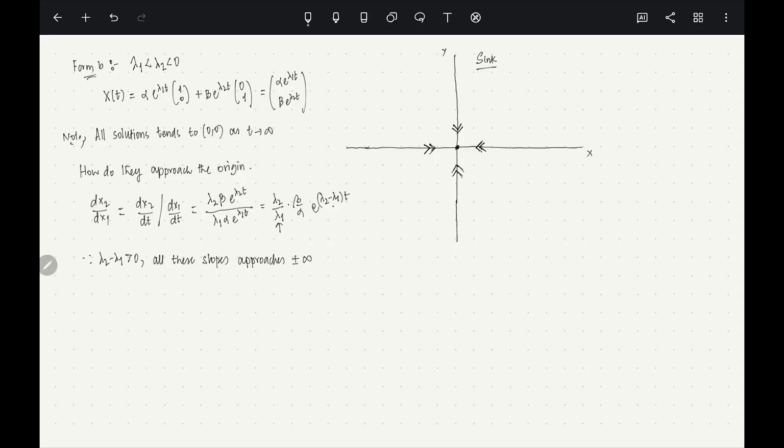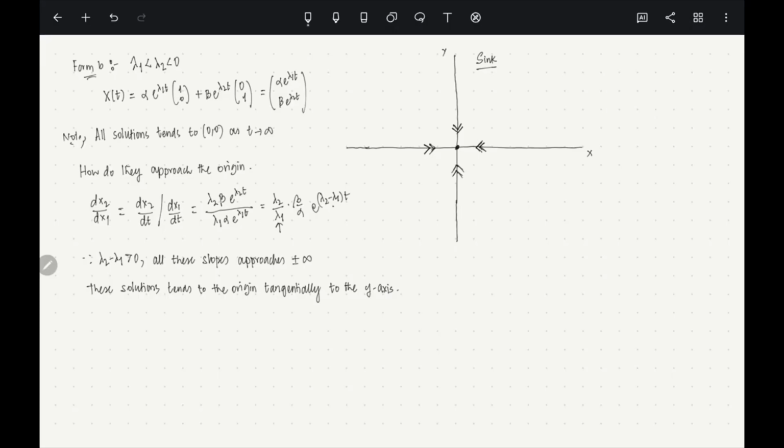If you look at these solutions, they tend to the origin tangentially to the y-axis. So essentially what it is saying is this: it is tangential to the y-axis.